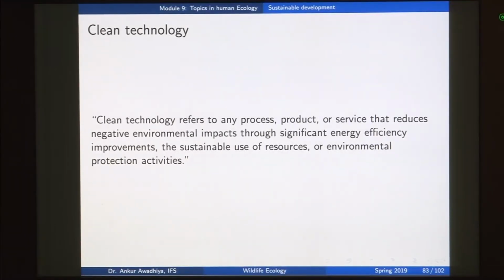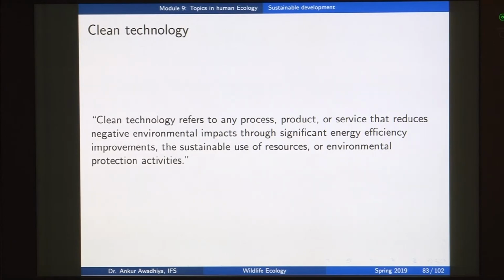The second thing is promotion and development of clean technologies. Now, clean technology refers to any process, product or service that reduces negative environmental impacts through significant energy efficiency improvements, sustainable use of resources or environmental protection activities.